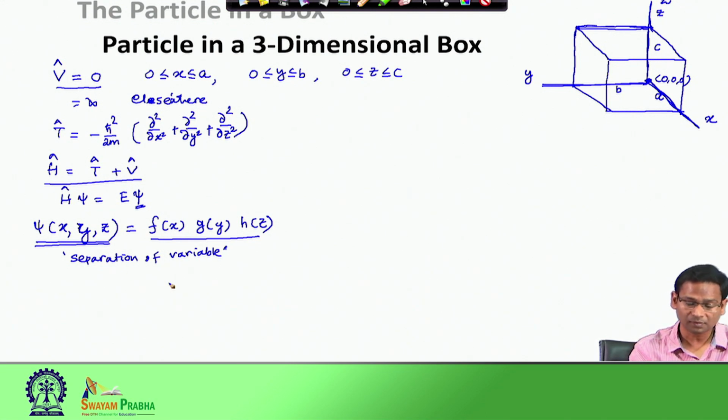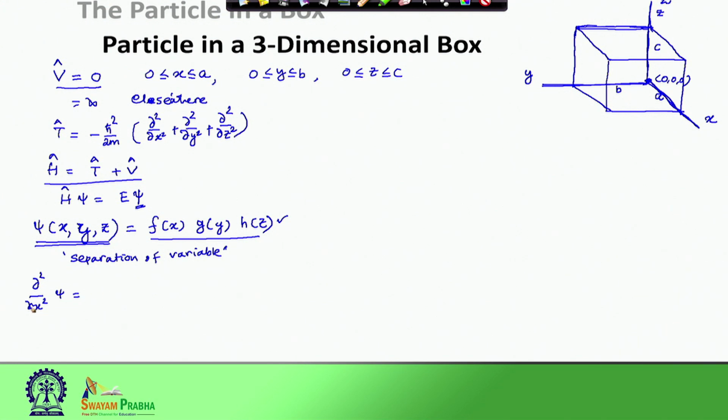When I look at this wave function that I have defined as f of x, g of y and h of z, I see that it will eventually be acted upon by the kinetic energy operator, which has some second derivative term. Let us first see what happens when I use this second partial derivative on this function psi. Since the partial derivative is with respect to the x coordinate alone, g of y and h of z will remain unchanged and the operator will act only on the f function.